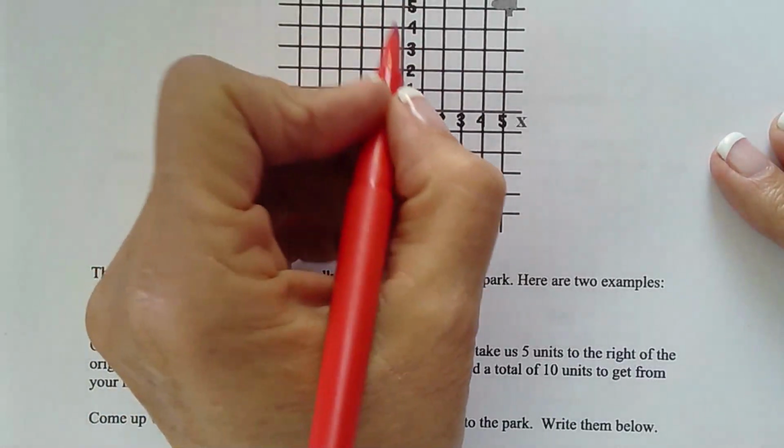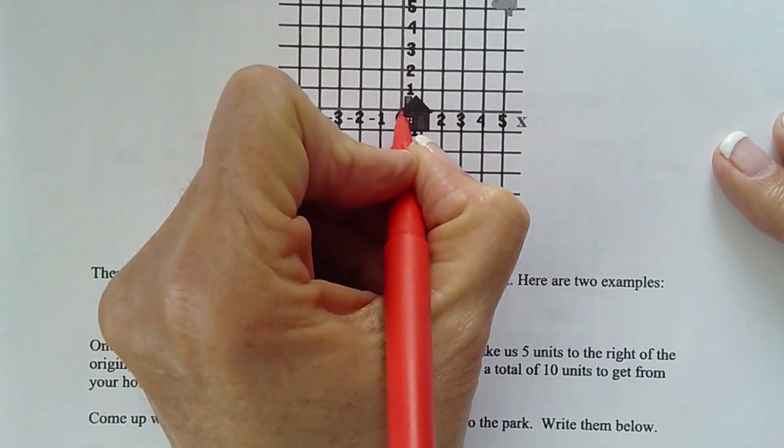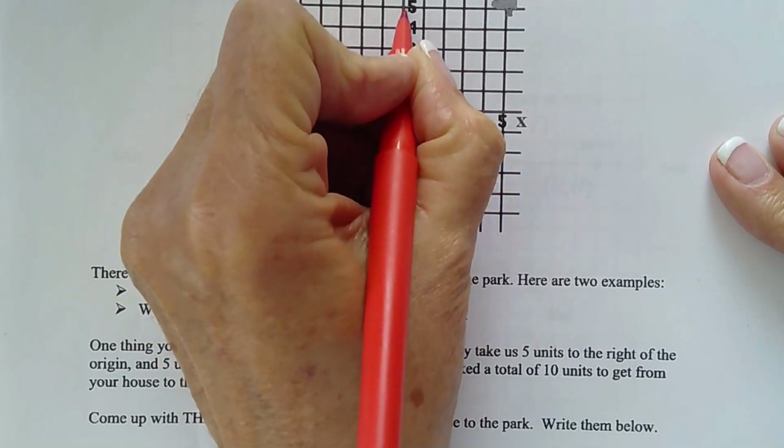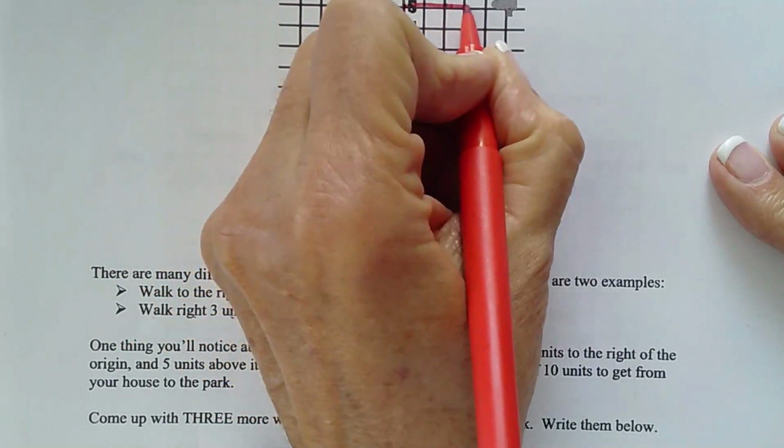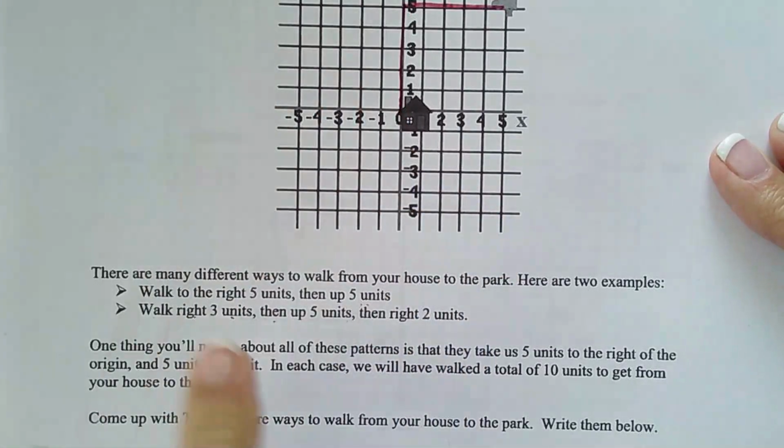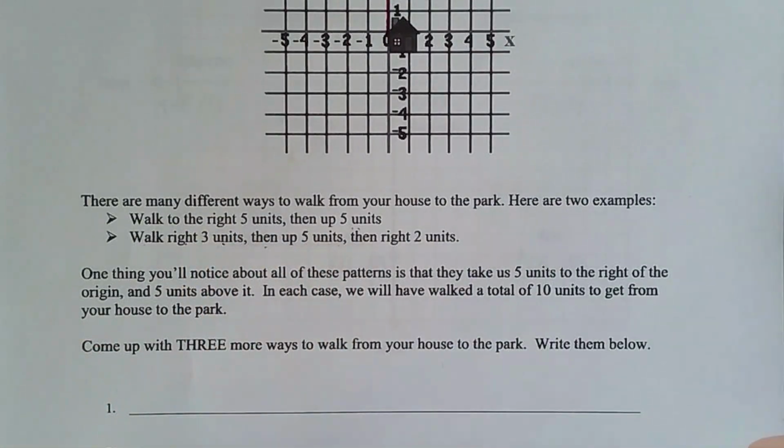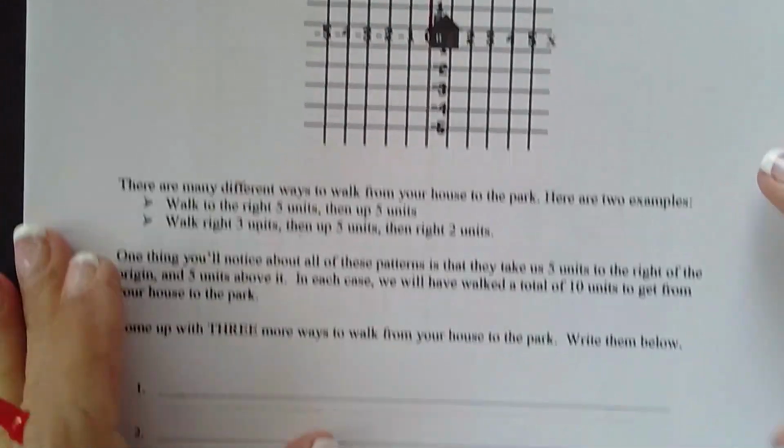Okay, the first one I'm going to do, because I like simple, is I'm going to go up 5 and right 5. And the one before that was listed was right 5 and up 5. So it's still different.